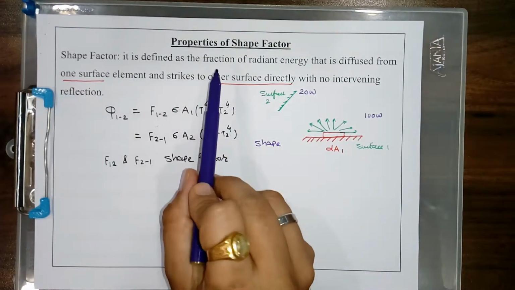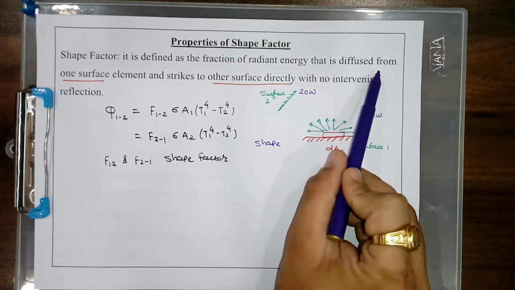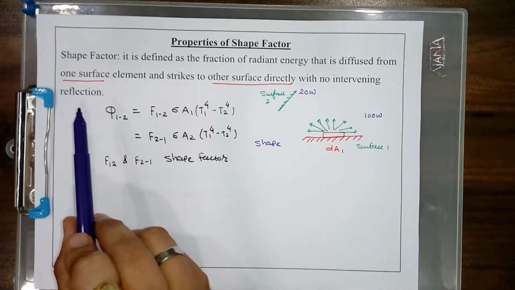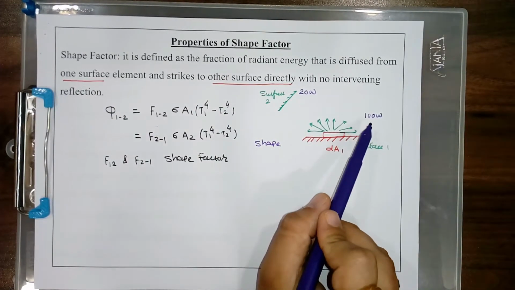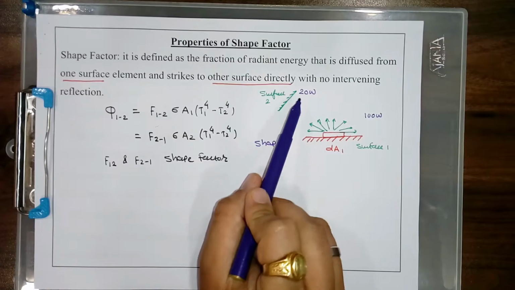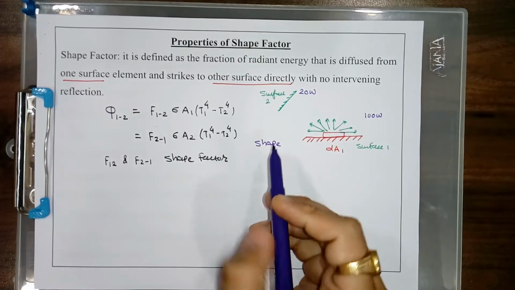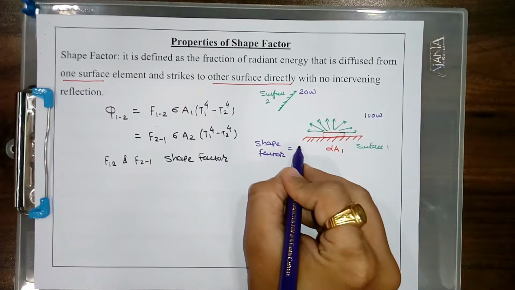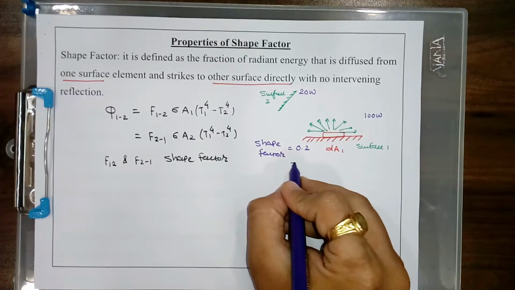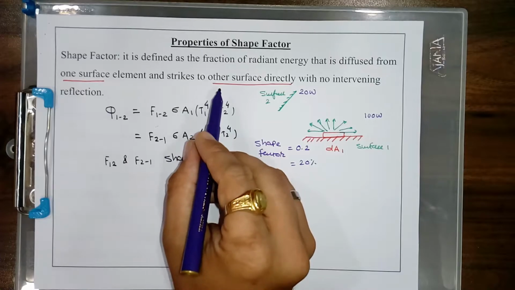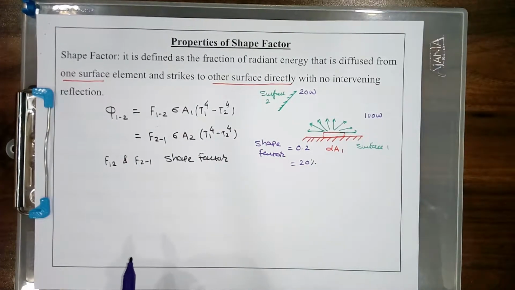As per the definition, it is the fraction of radiant energy diffused from one surface to another directly without any intervening reflection. So our shape factor in this case becomes 0.2, or we can say that 20% of the energy directly strikes surface 2. This is a very easy definition of shape factor.